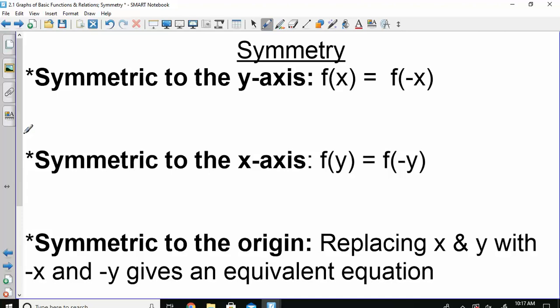So when we're talking about symmetry, the definition I put on your handout tells you it's symmetric to the y-axis if replacing your x with a negative x gives the same equation. So f of positive x equals f of negative x. Okay, in other words, what that says is if your original graph has the point, let's say 2, 3.